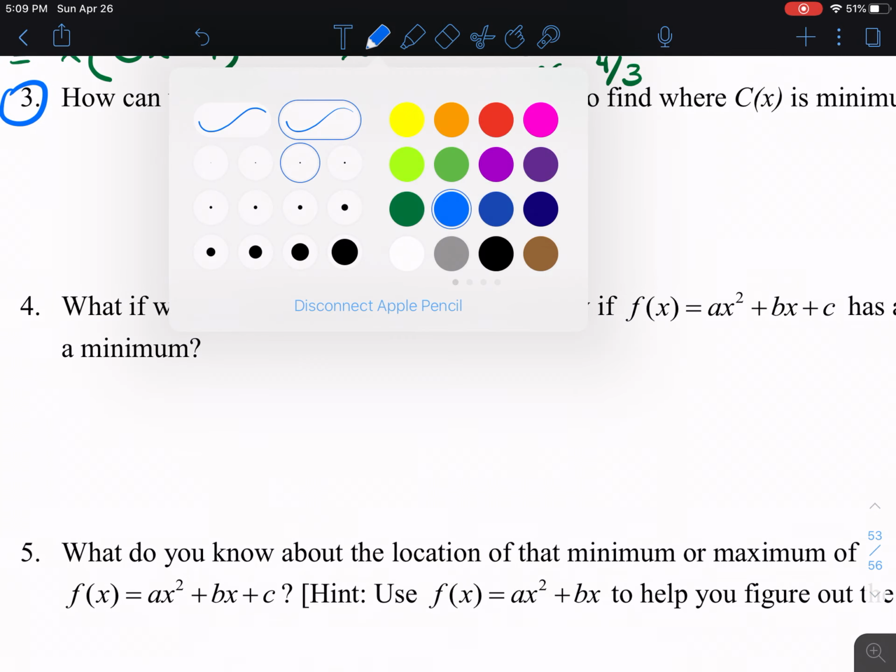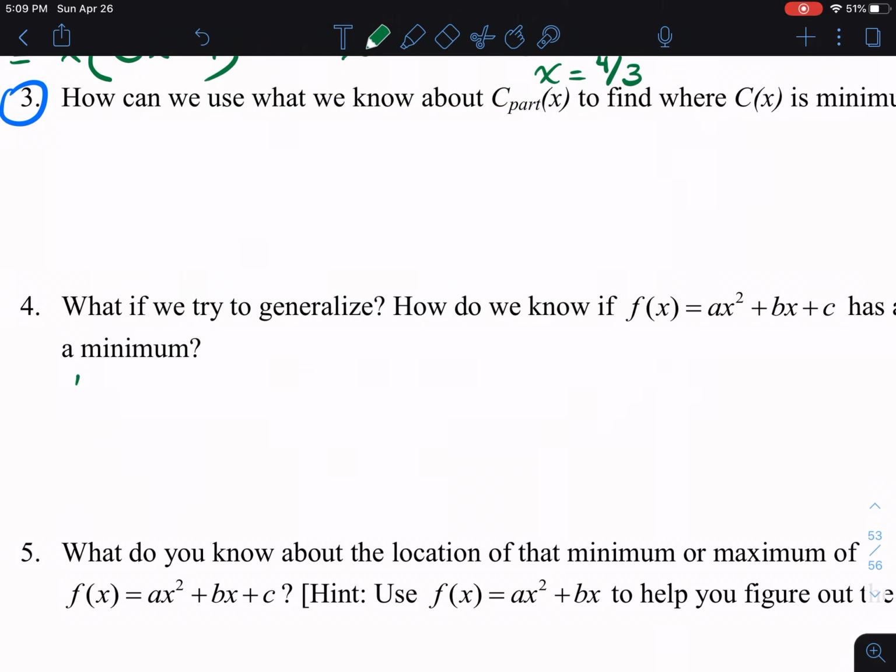So what did we do? We took f part. We just looked at ax squared plus bx without the c. And we said, okay, let's look at where that's 0, where that crosses the x-axis, because we know the vertex is going to be in between those 2 points.